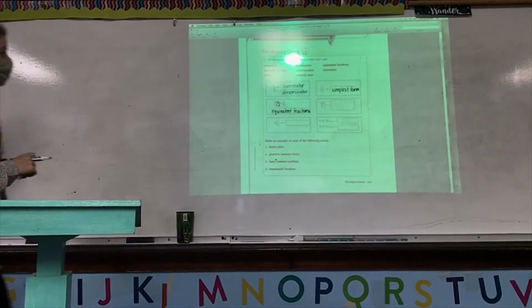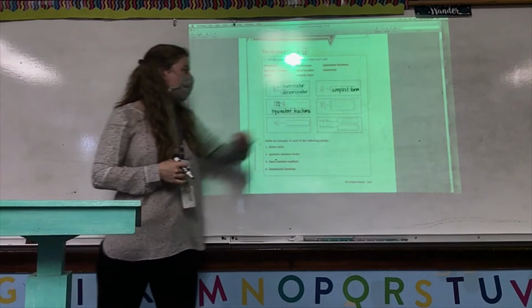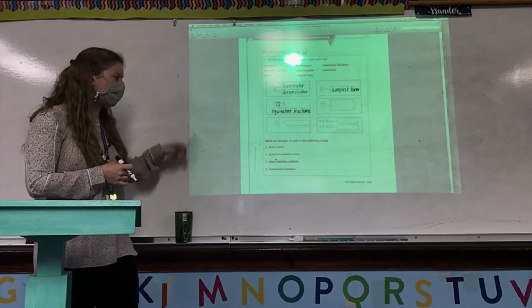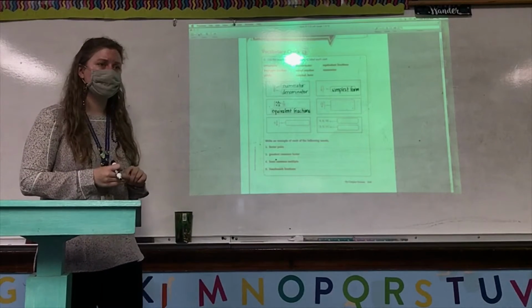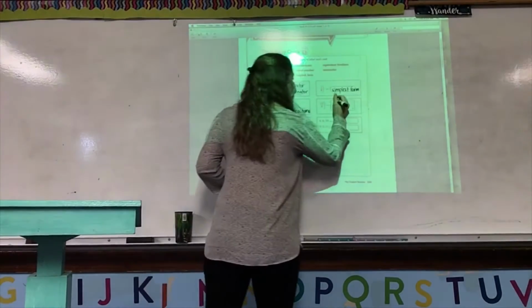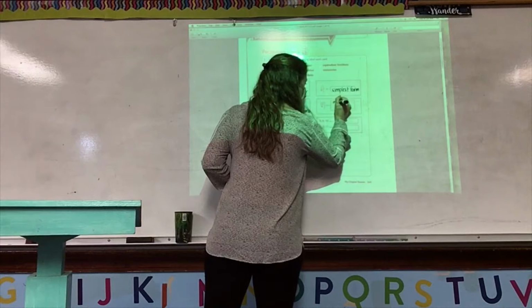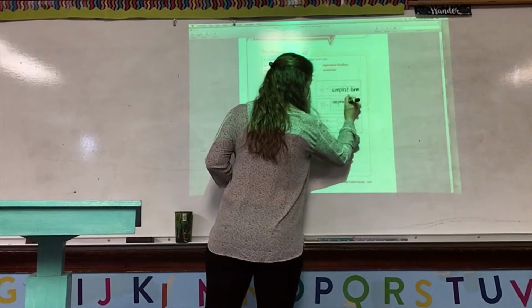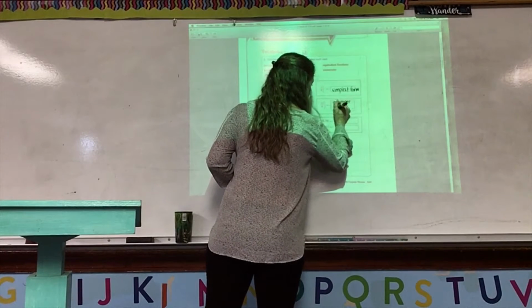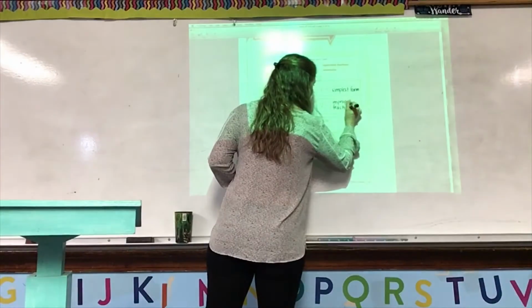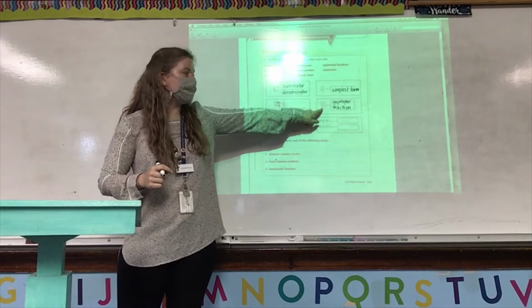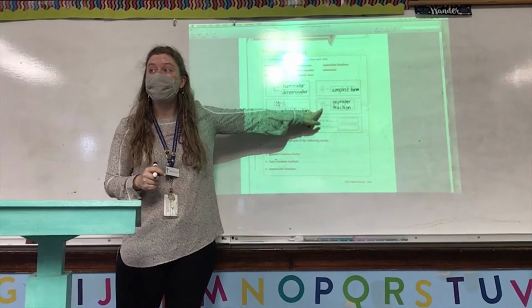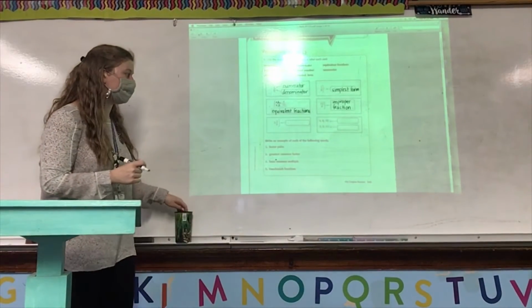Okay, then the box on the right in the middle, we have 12/4. Michaela, what word goes in that bubble? Improper fraction, because remember, an improper fraction is a fraction where the numerator is greater than the denominator. Our numerator 12 is definitely greater than our denominator 4, so that's an improper fraction.